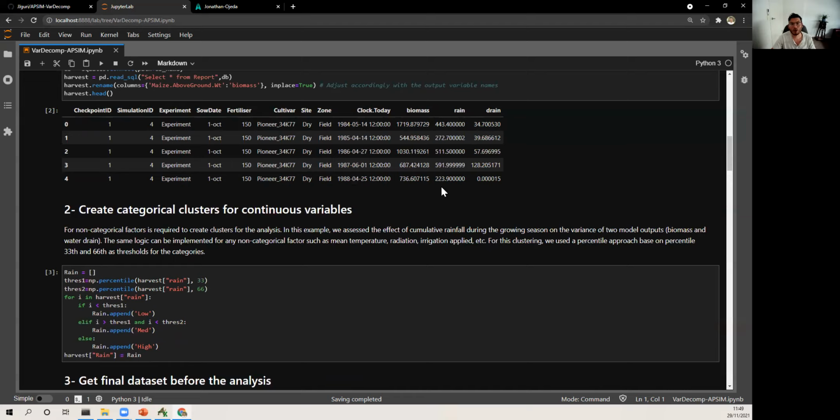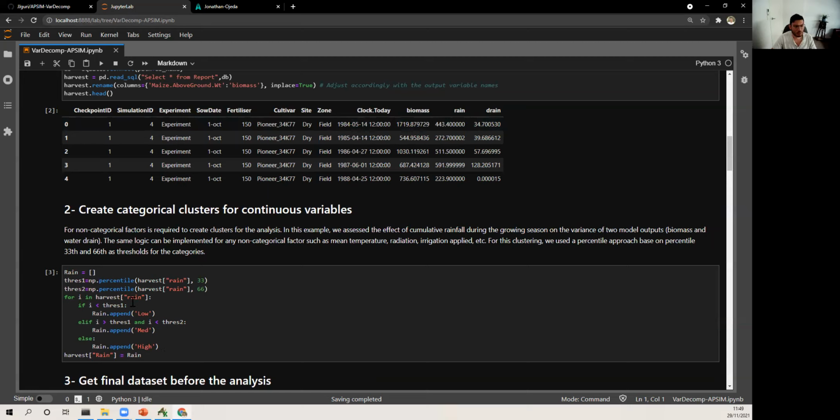Here, for example, I just take the information from the rain for all years across all environments and all factors. And I got the percentile 33 and the percentile 66. And then using those percentiles, I create 3 categories.